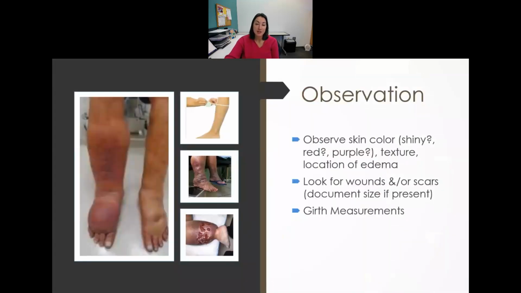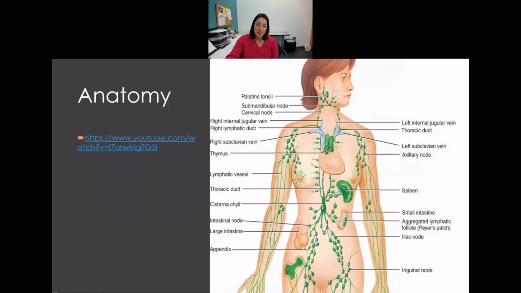Observation. So when we are working with a patient who has a lymphatic disorder, essentially what happens is the lymph nodes themselves get either overwhelmed, there's too much fluid coming to them, or they're blocked, or maybe they've been removed surgically, and fluid starts to gather in an area. It gets backed up down the system, and you see significant inflammation.